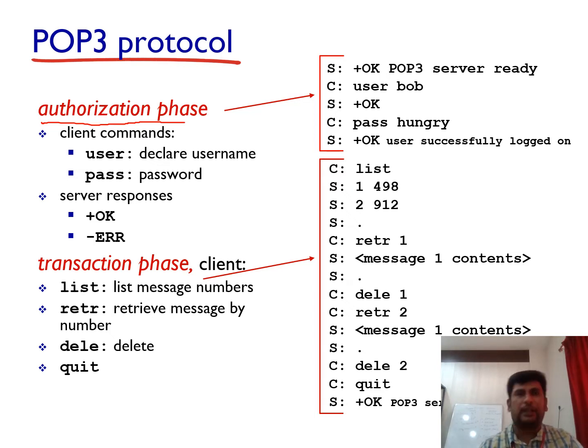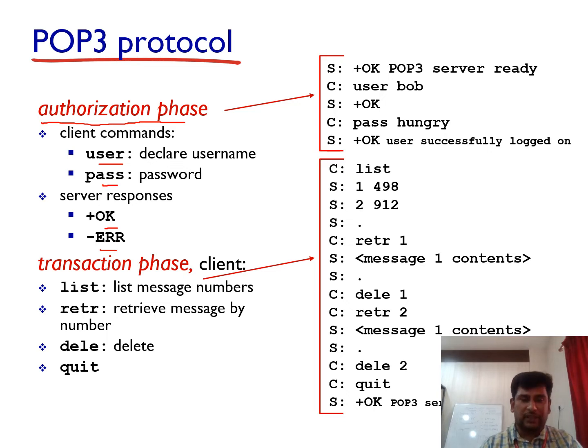Once that mail page opens, it will ask you to type your username. Now here you declare the username, and if it matches the records, it asks you to enter your password. Generally, if there is no error, it will provide you the access. But if there is an error in the details entered, you may get an error.